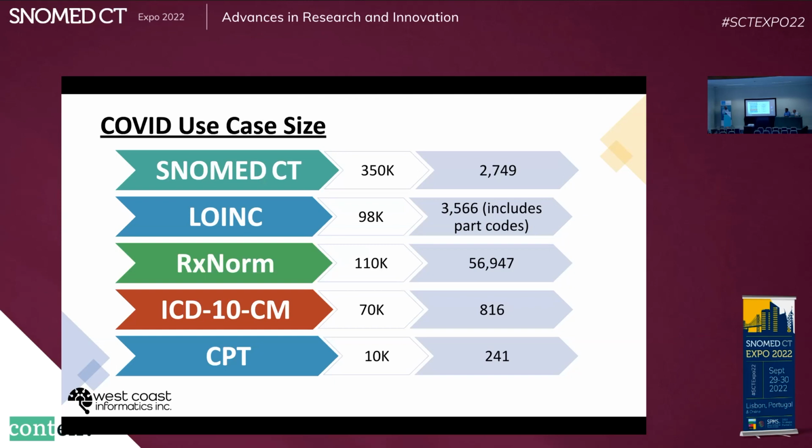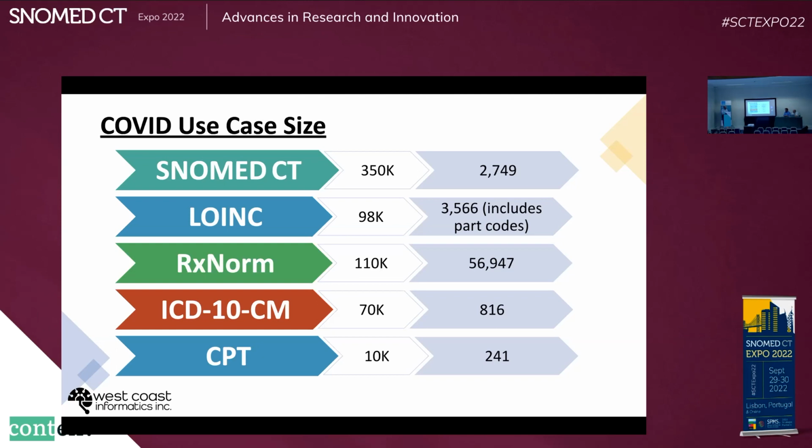So with our use case, we actually took a much broader look at COVID, not just public health reporting, but we looked at all of the possible use cases for COVID to see what that would relate to as far as size goes. Obviously, if you look at just a public health reporting use case, that's a much smaller set of data than what we have here.